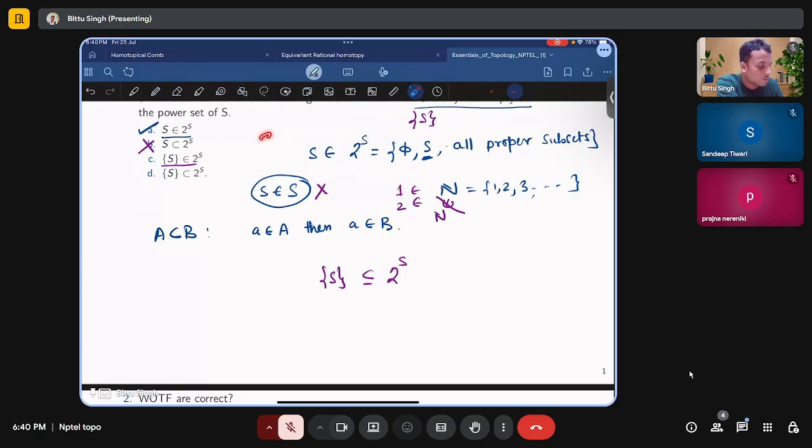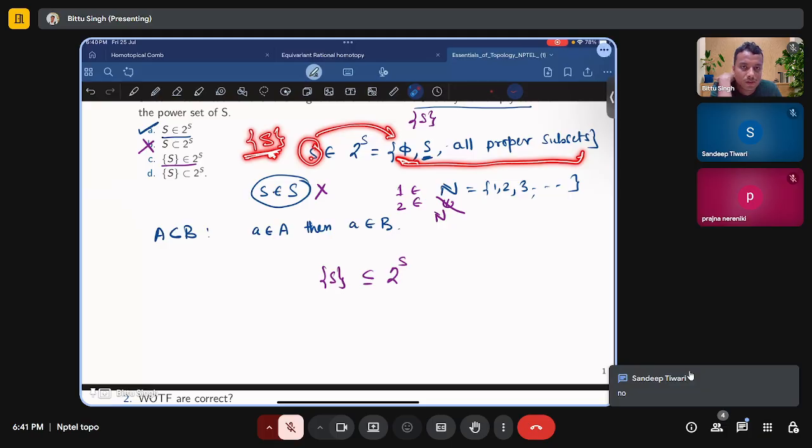So if we put a bracket, then this is no longer an element. It is a new kind of thing. Can you see inside the bracket, this second bracket, is it there? There is nothing like this, because inside the bracket we have only a single s.